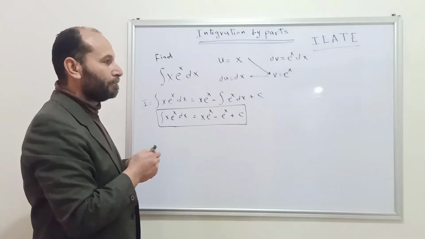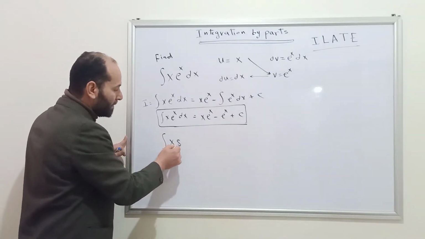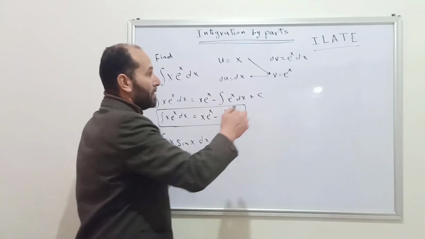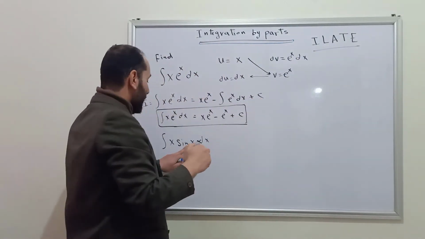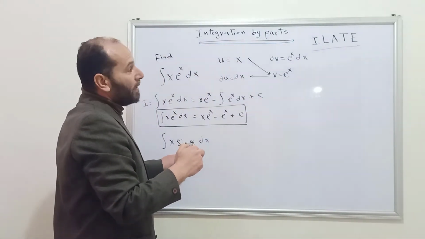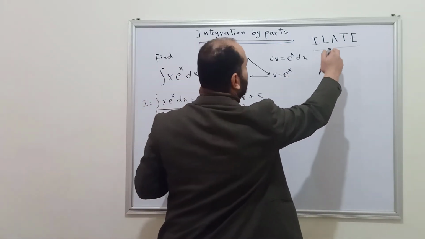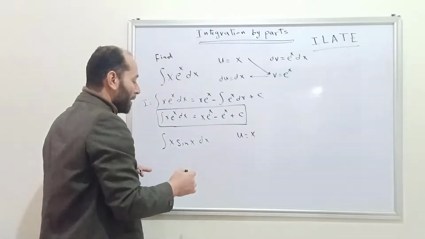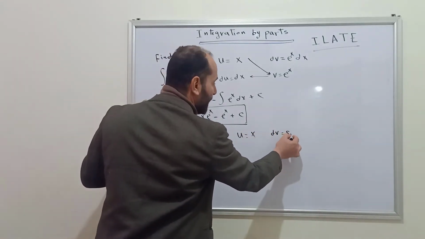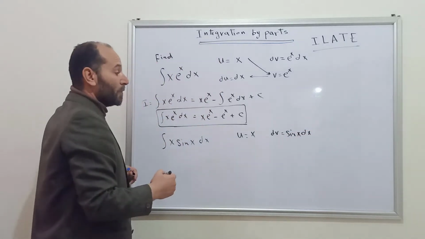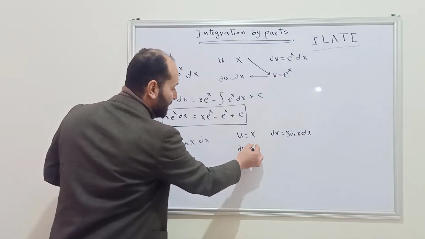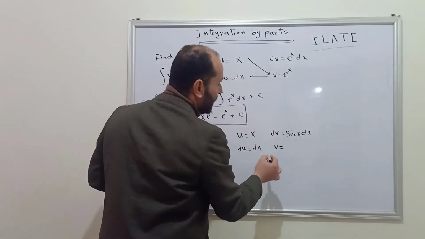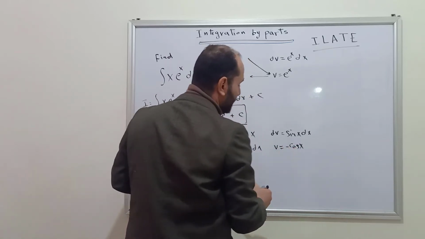Another example: integration x sine x dx. x is algebraic and sine x is trigonometric. So u equals x and dv equals sine x dx. du equals dx and v equals negative cosine x.